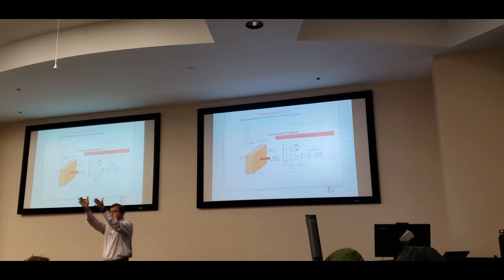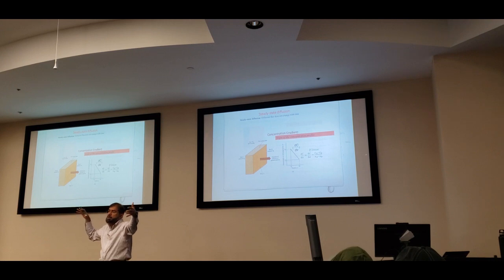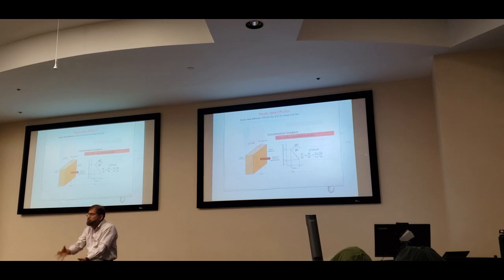A steady state is reached once the number of atoms diffusing out of the medium is equal to the number of atoms entering from the other side. What does that mean? In that medium there is no accumulation. Once the steady state is reached, there is no accumulation of atoms within that medium.